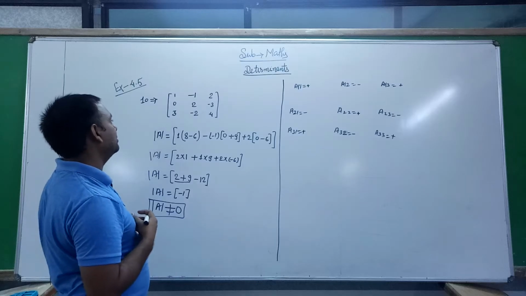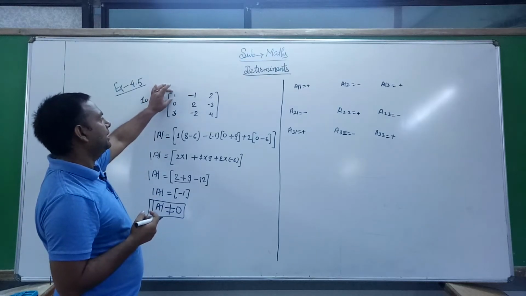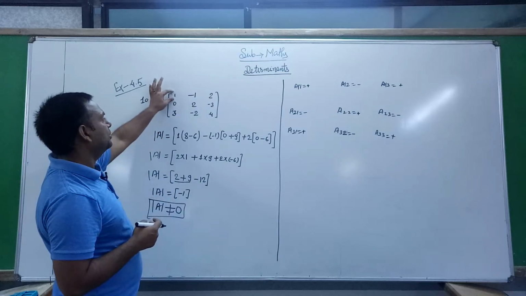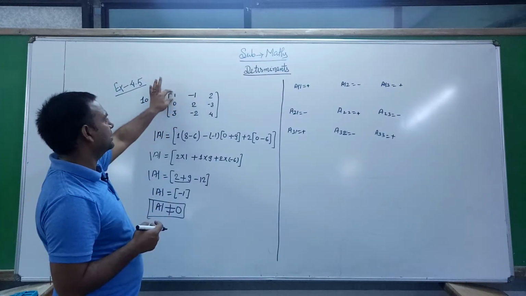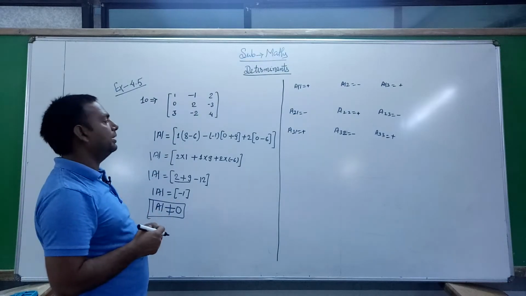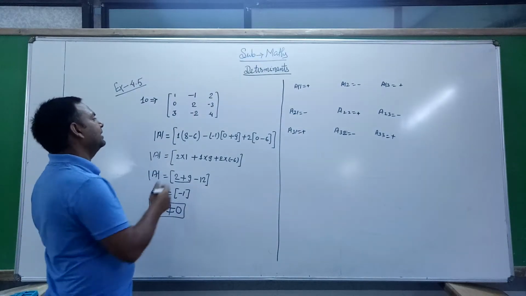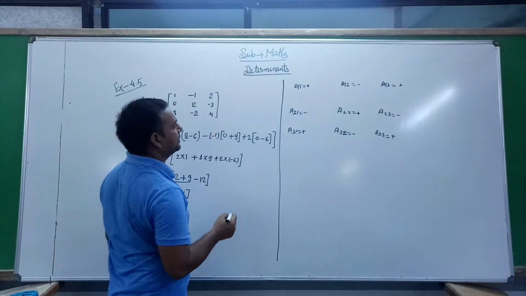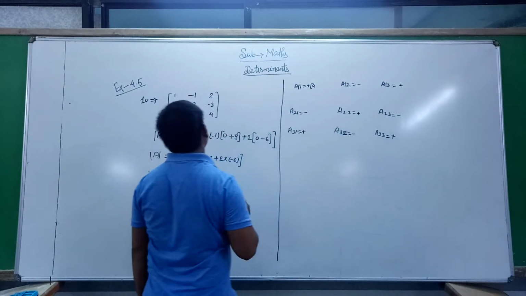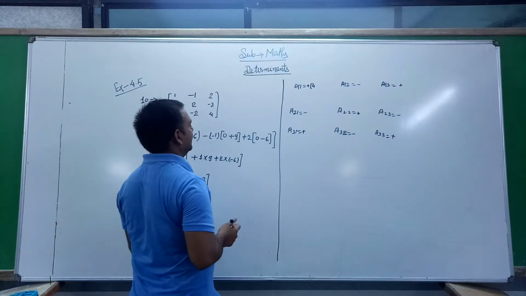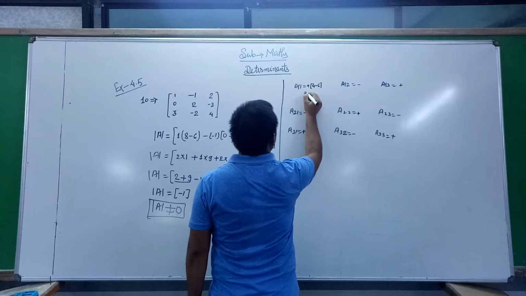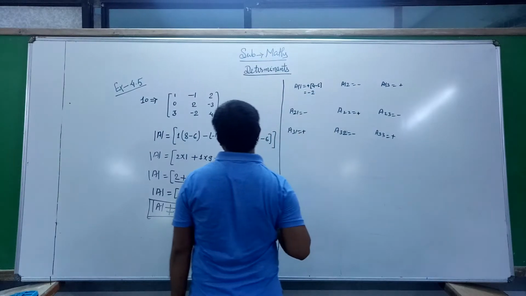Here you see, first I take A11: if you remove the first row and first column, then 2 4s are 8 and 2 3s are 6, it means minus 6, that is equal to 2.